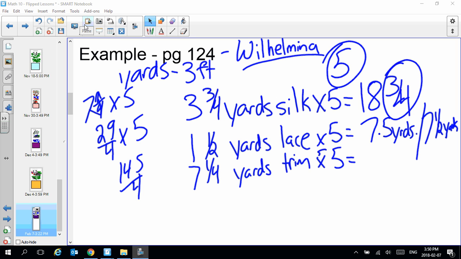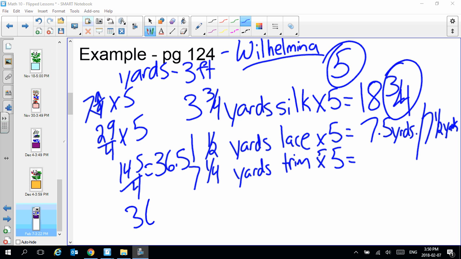Okay, so 145 divided by 4 actually gives me 36.5. So I know that I've got 36 whole numbers. And I know that 0.5, or half of 4, is 2. So I have 36 and 2/4, or, since I'm reducing whenever I can, 36 1/2.